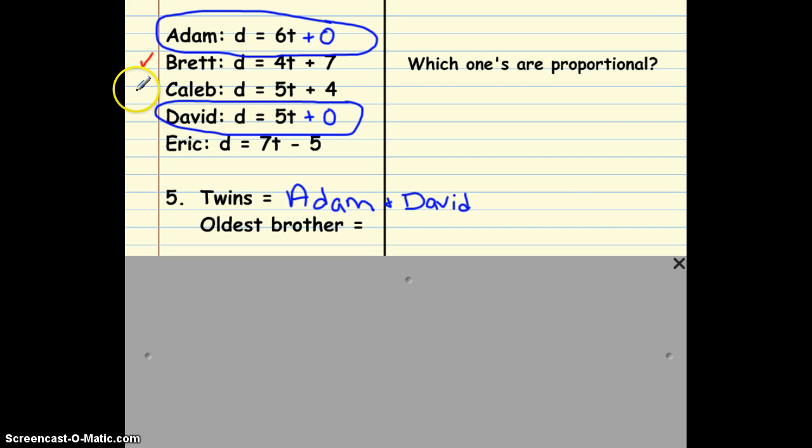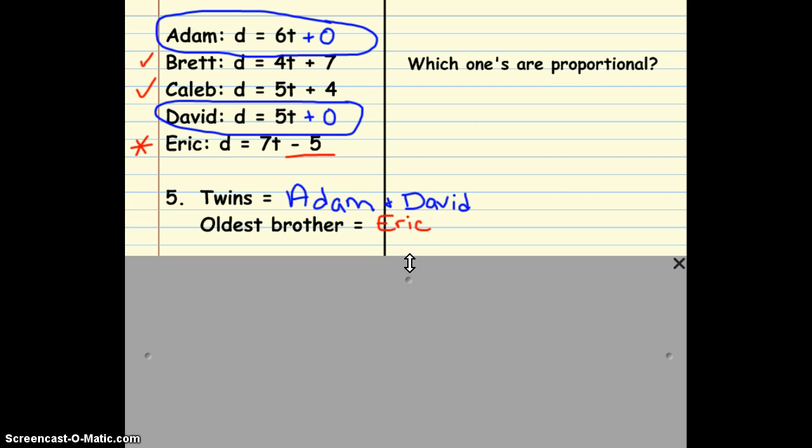If you said Caleb, you are wrong. The correct answer is Eric. And we can tell by looking at Eric's equation that he started behind the starting line because of this minus 5. He was 5 meters behind. So the older brother is Eric.